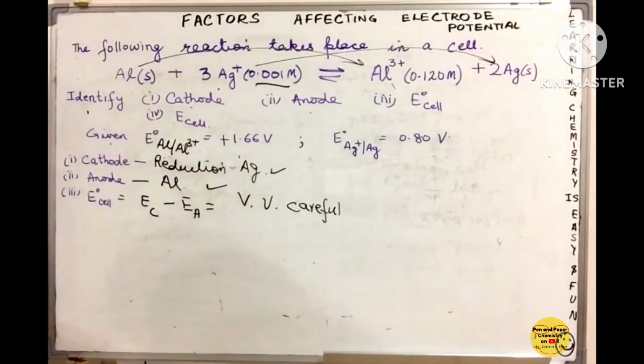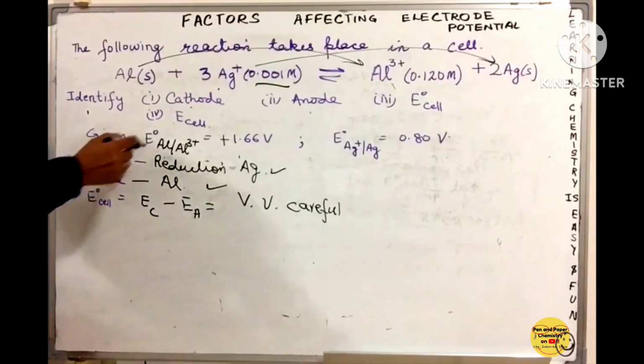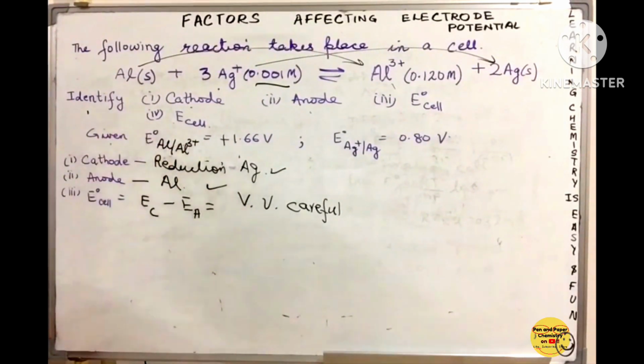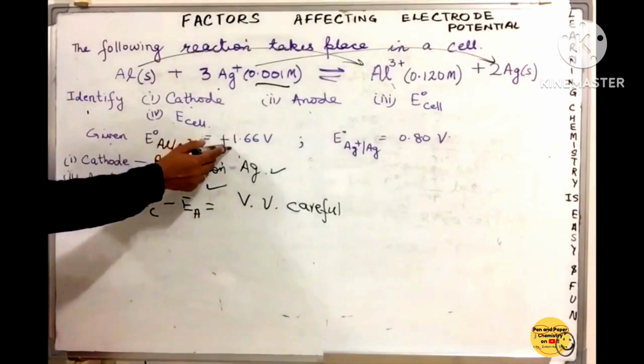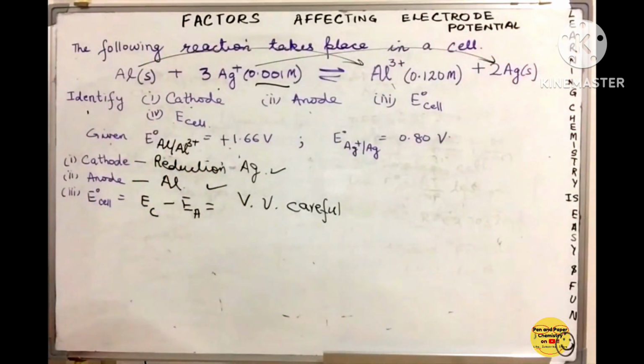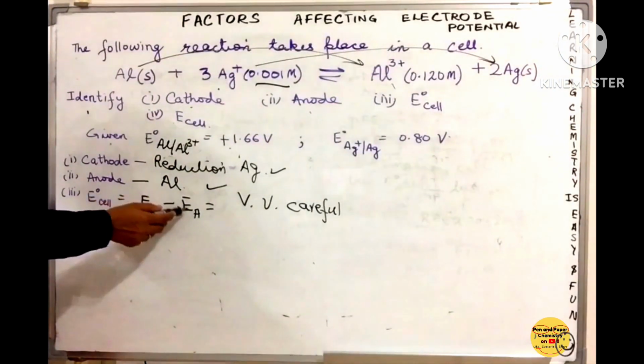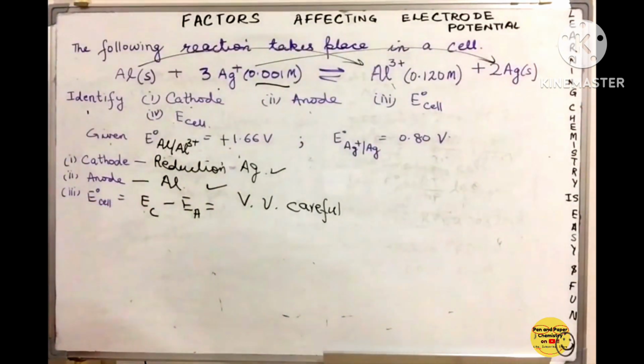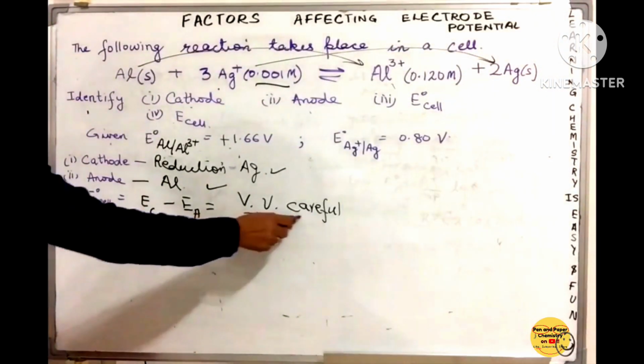What have I done over here? Yes, I have expressed this as oxidation, and the potential provided then becomes the oxidation potential. Whereas in this formula, we have to put just the reduction potentials of the electrodes, right? So please be very careful.